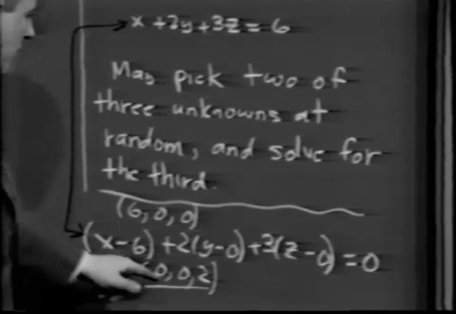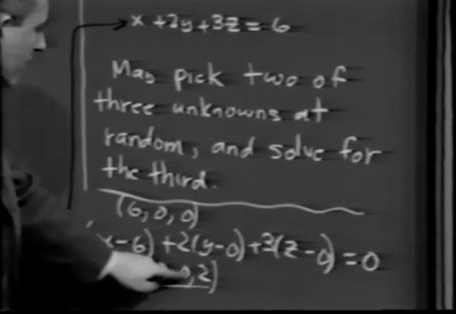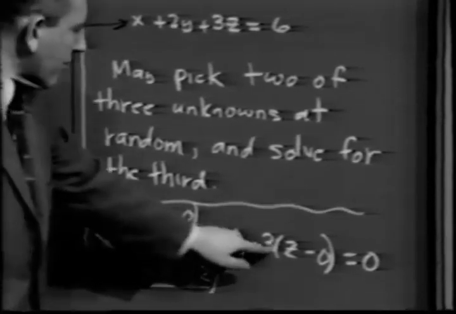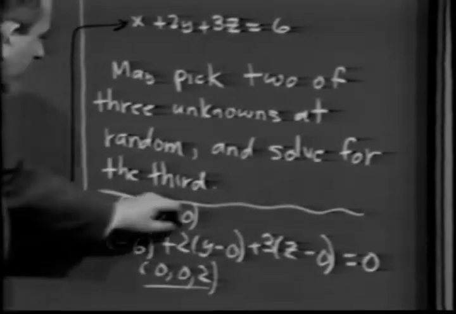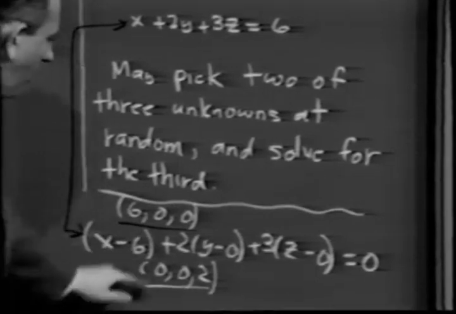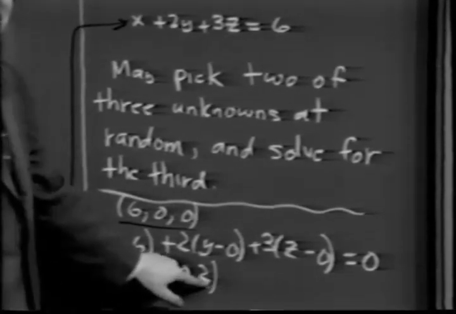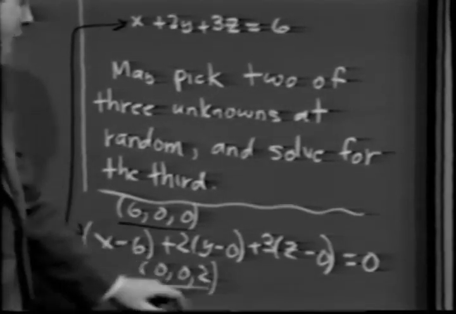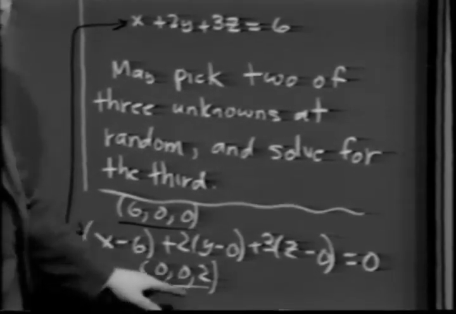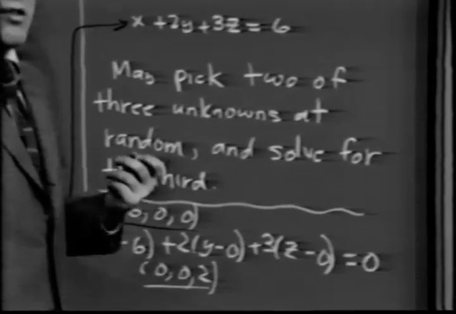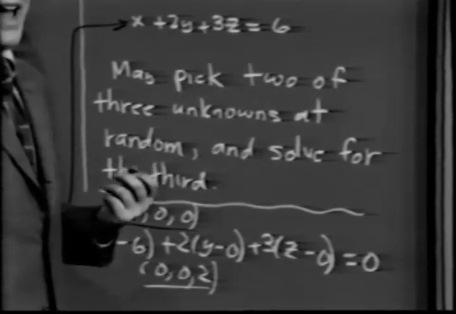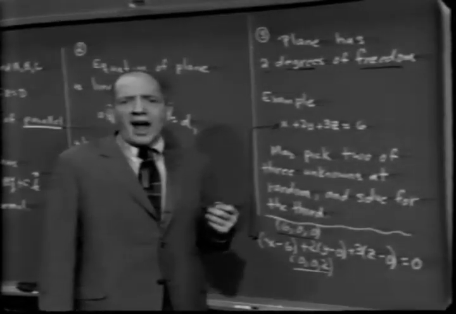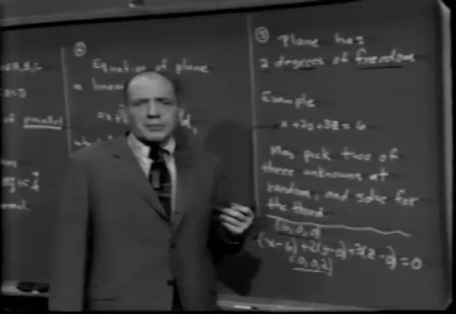That would be the equation of the plane that passed through (0, 0, 2) and had as its normal i + 2j + 3k. Of course, (6, 0, 0) and (0, 0, 2) belong to the same plane. Another thing to keep in mind here is that the plane passes through more than one point, so (x0, y0, z0) can be played by an infinity of choices. At any rate, let's let that go now as the equation of our plane.